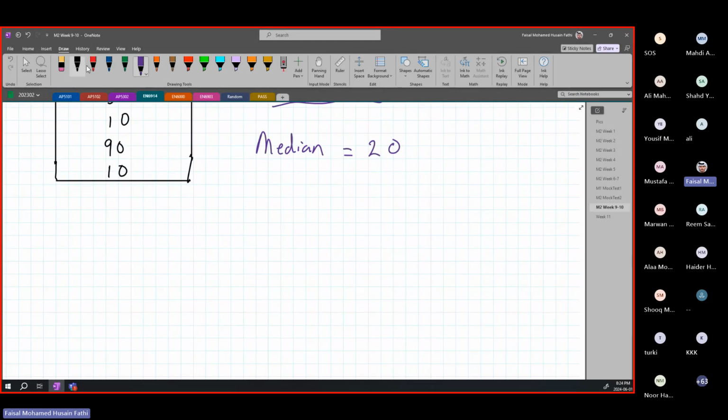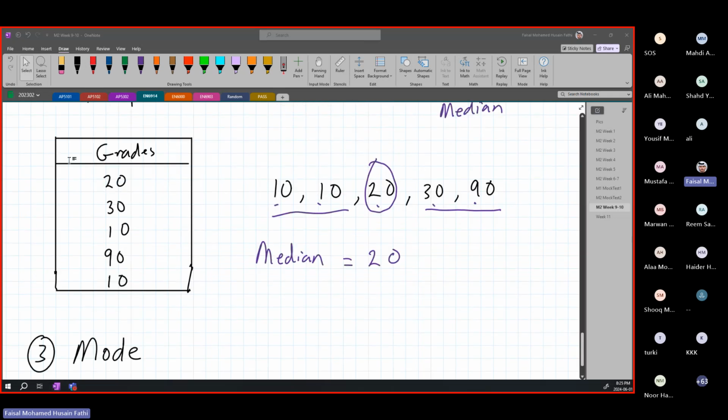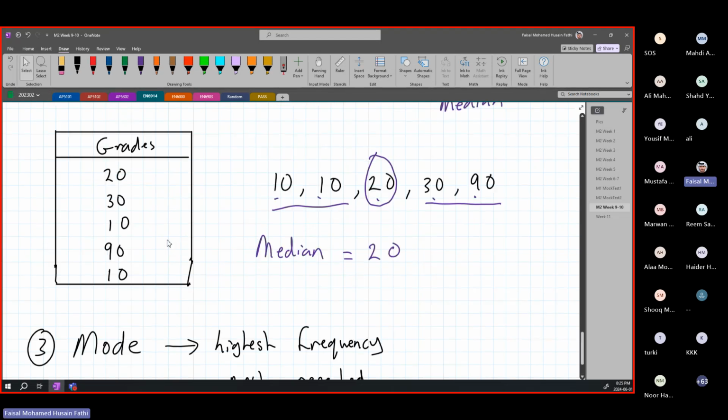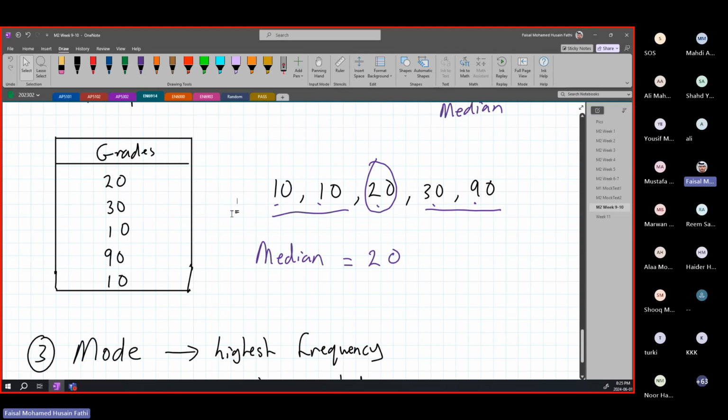The last measure of central tendency is the mode. So what is the mode? If we're looking at the same example, this is the easiest one. It is the highest frequency, or in other words the most repeated. That is, how many people got the same grade the most.